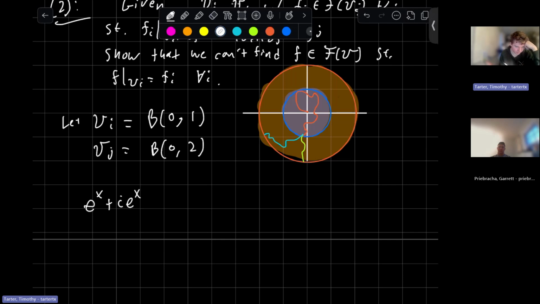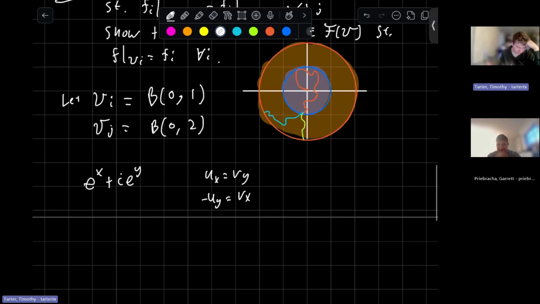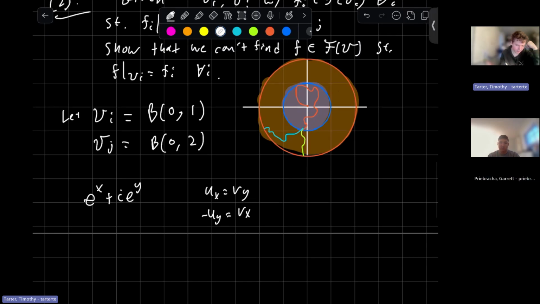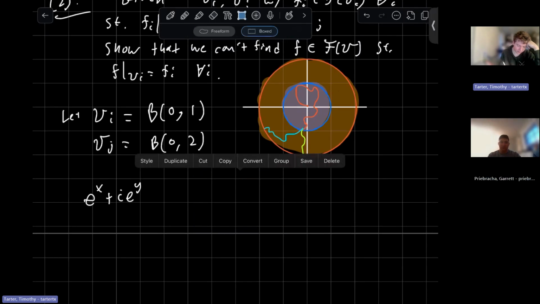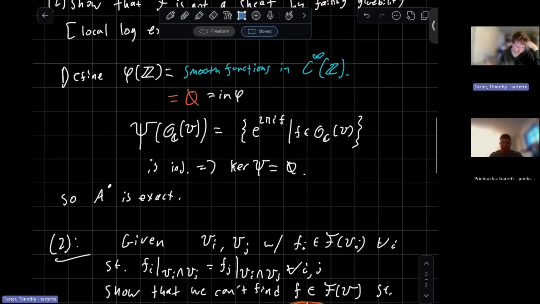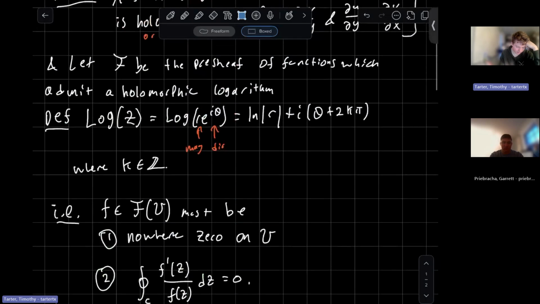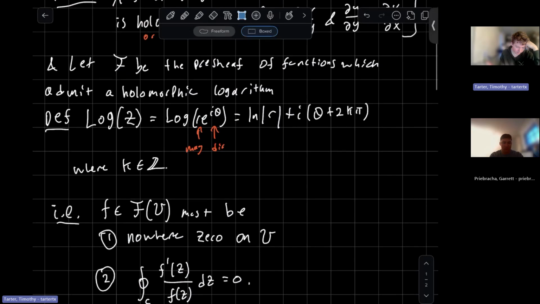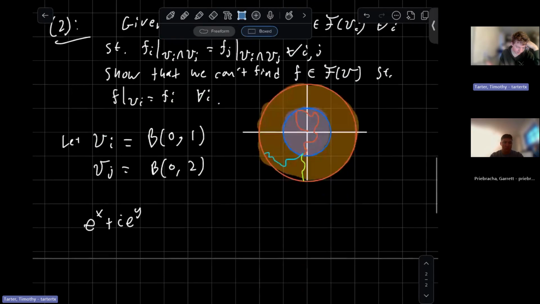No, it isn't analytic. This would be e to the y. There we go, because u_x equals v_y, and then minus u_y is equal to v_x. So this is one function. Doesn't it admit a nice log? Yeah, it does.